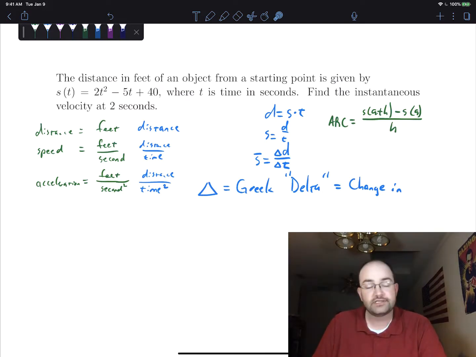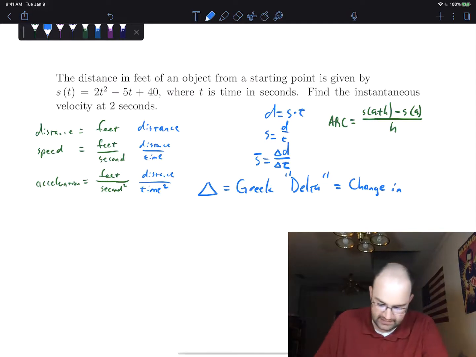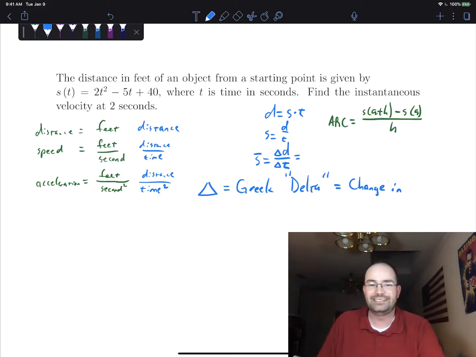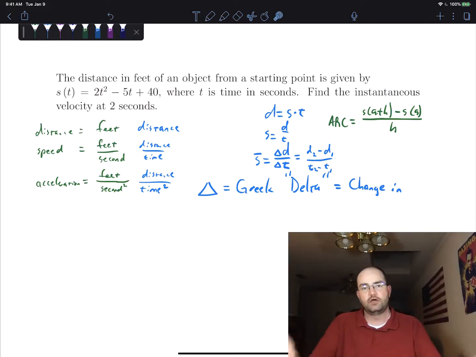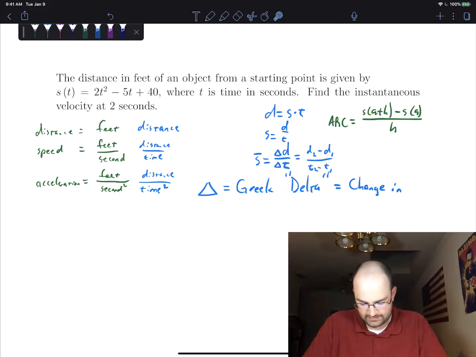And the reason that we use it is because, well, frankly, we are lazy in mathematics. Because instead of doing delta d over delta t, what we would do instead is d2 minus d1 over t2 minus t1. And oh, look, that again looks like the slope formula. So there you go. That is why, if you're given distance, then the average rate of change is the speed.